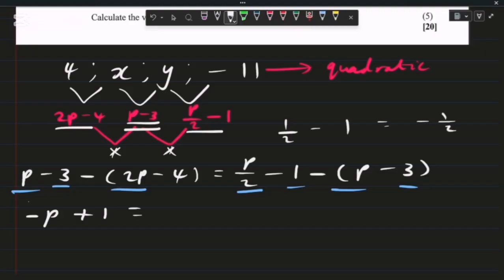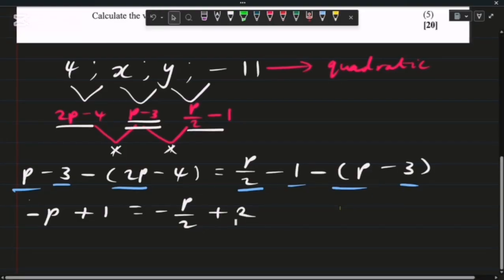So 1 over 2 times p minus p is the same as minus p over 2. And then minus 1 plus 3 will give us positive 2.